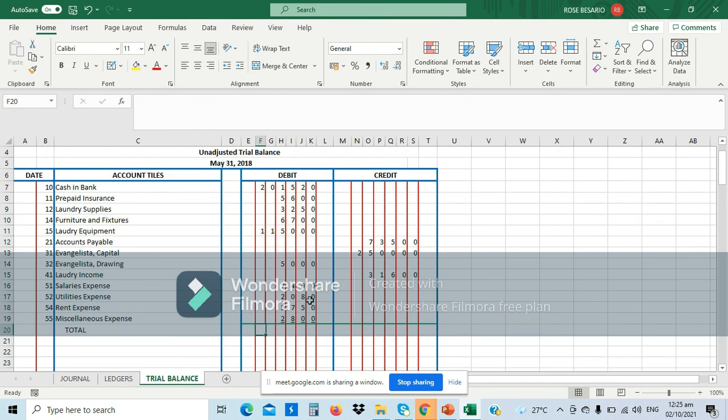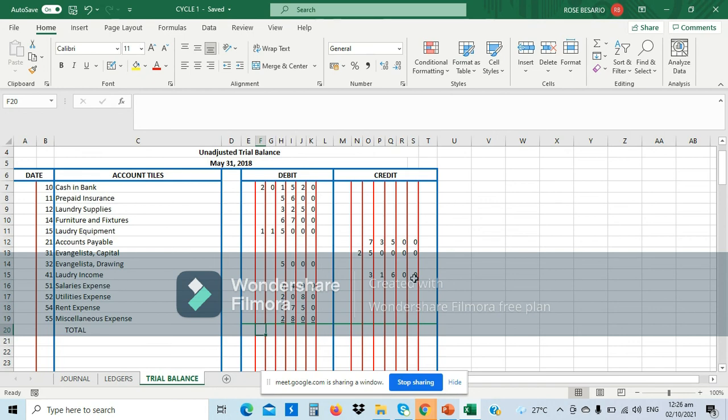You'll have 201,520 plus 5,600 plus 3,250 plus 6,700 plus 115,000 plus 5,000 plus 7,400 plus 2,080 plus 5,750 plus 2,800.